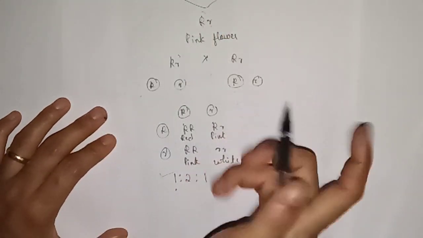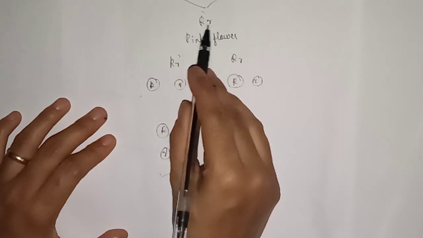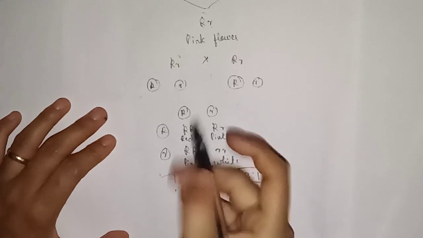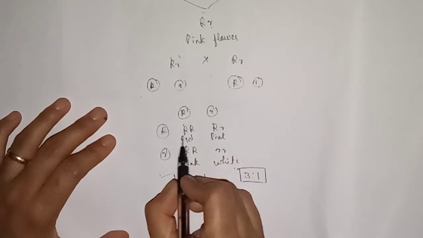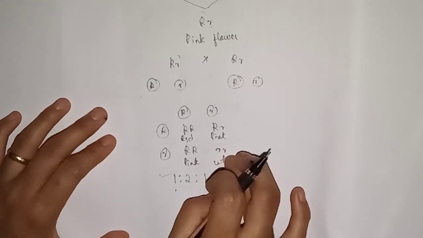Remember one thing, these genes or alleles are not mixed. Why are they not mixed? Because in the F2 generation, he got pure red and pure white flowering plants.